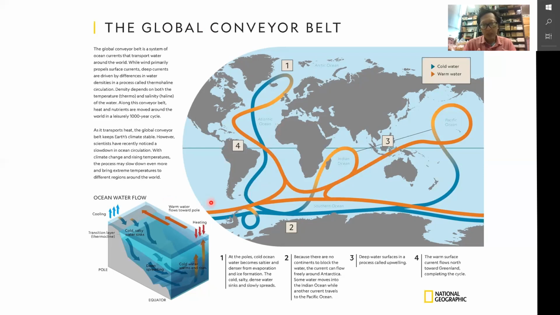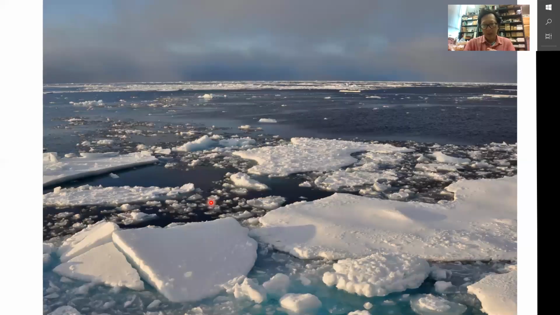And the reason why they circulate is because of density differences within the water. And the two things that control density are temperature and salinity, how salty it is. And one of the biggest controls really is the saltiness. And the saltiness is controlled in these open oceans by whether you have ice, particularly sea ice.